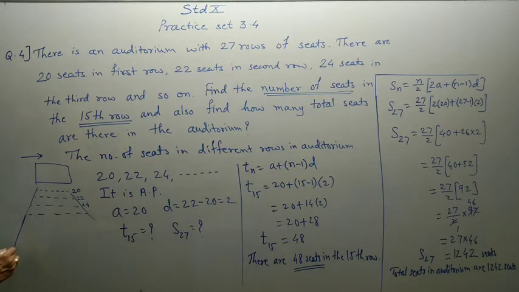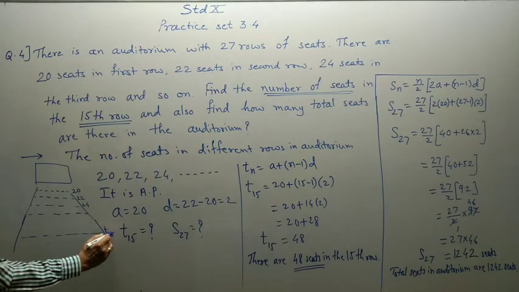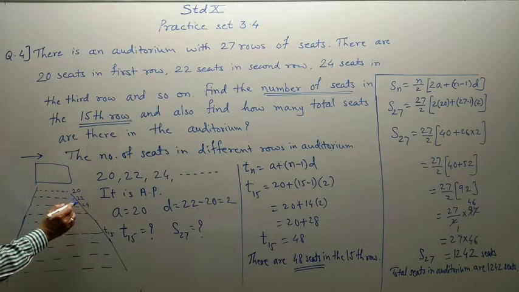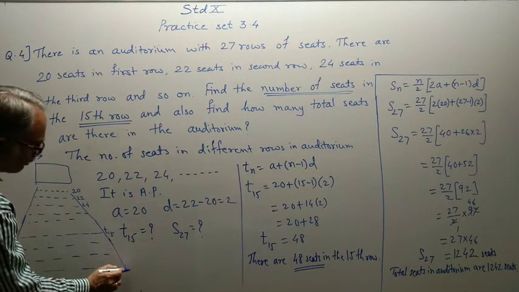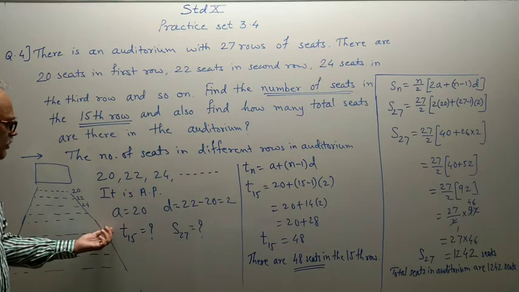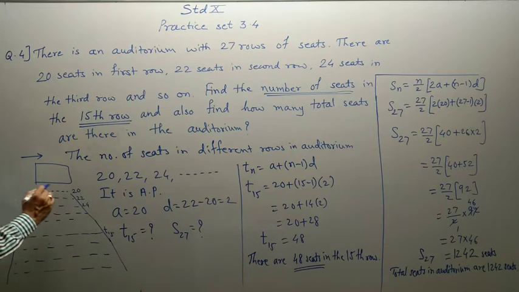We want in the 15th row how many seats, and we want also total seats in all 27 rows. These 20 plus 22 plus 24 plus, for all 27. So we have to find T15, the number of seats in the 15th row, and S27, the sum of seats in all the 27 rows.